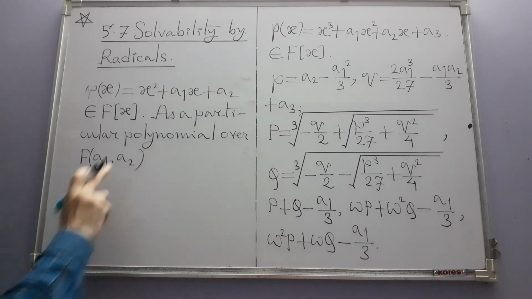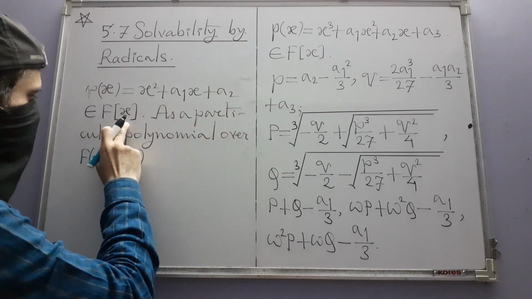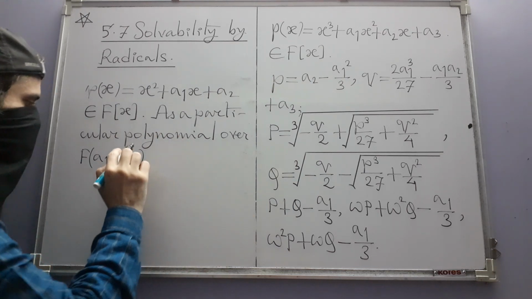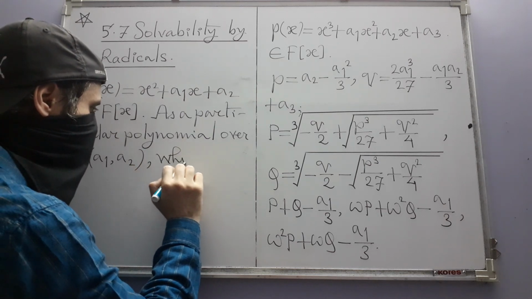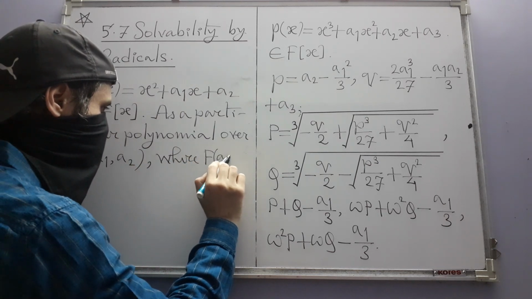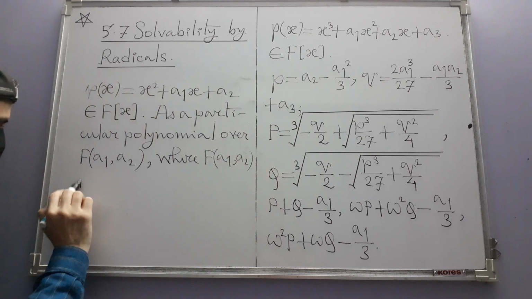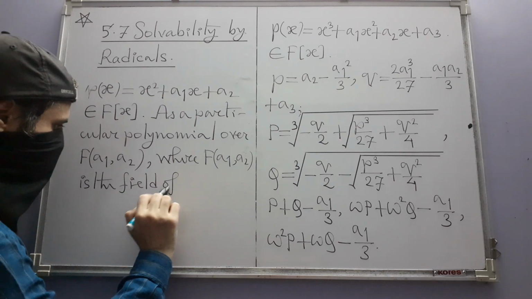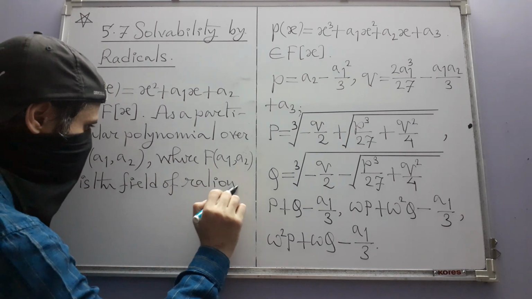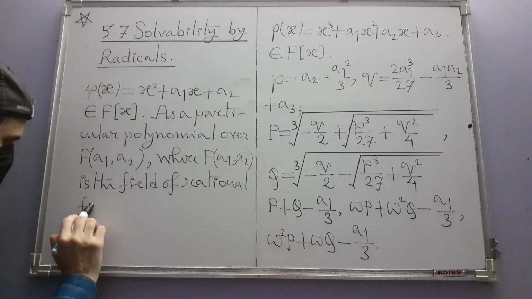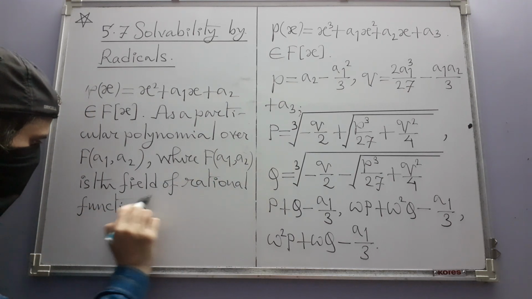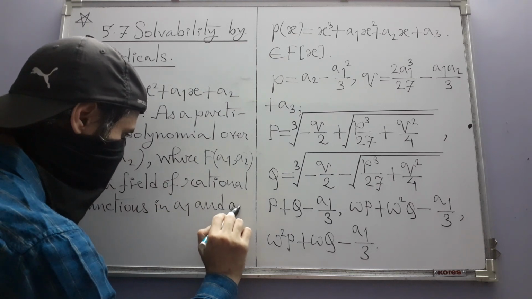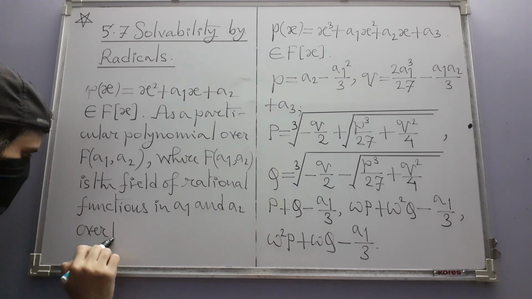So what we do, instead of interpreting this as an element of F[x], we interpret this as an element of this polynomial ring in x, where this is the field of rational functions in the indeterminates a1 and a2 over F.